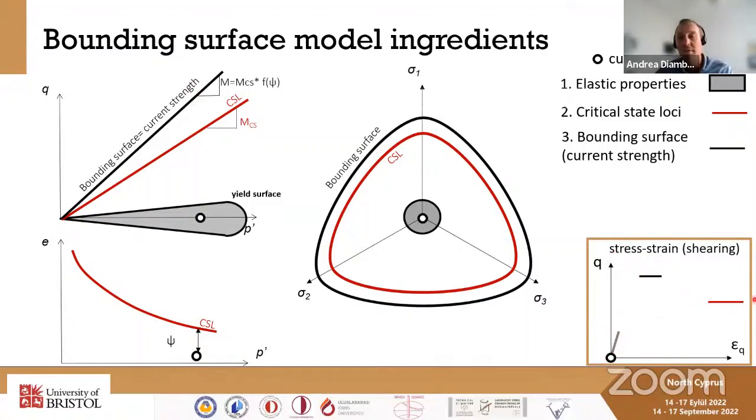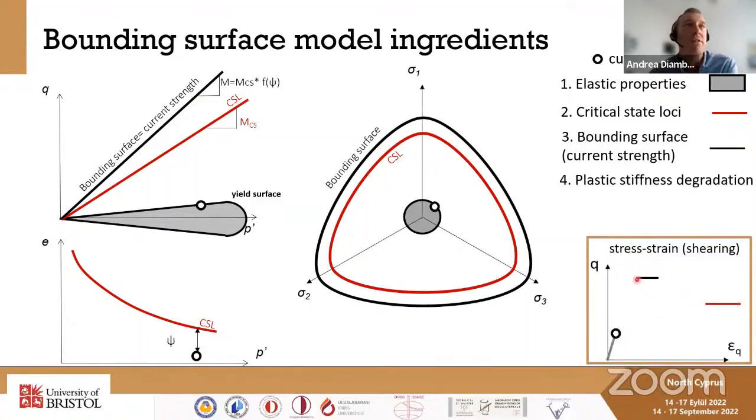How do we build our curve? With the fourth component of the bounding surface, that is the plastic stiffness degradation. So we need to go from this elastic stiffness down to zero, a fully plastic state. And this is done in bounding surface models through the distance of our point to its image on the bounding surface. The larger this distance, the larger the stiffness. As we go towards this point, we reach our peak condition, then the stiffness becomes zero. And this is what this curve is saying.